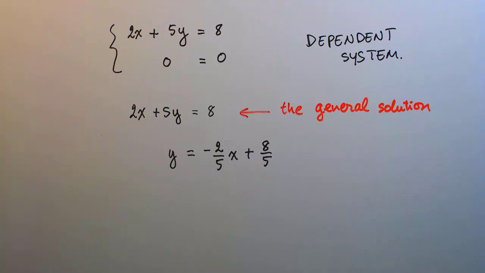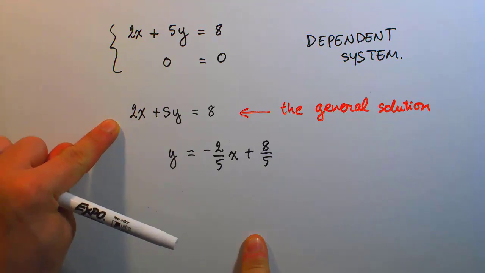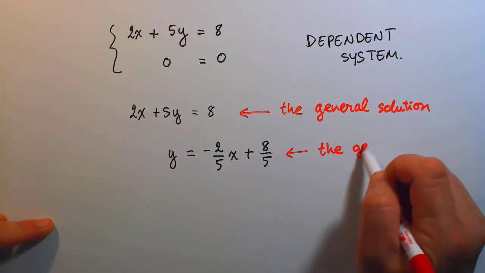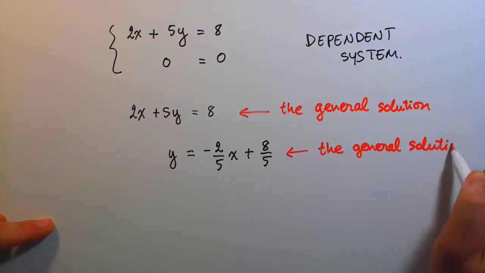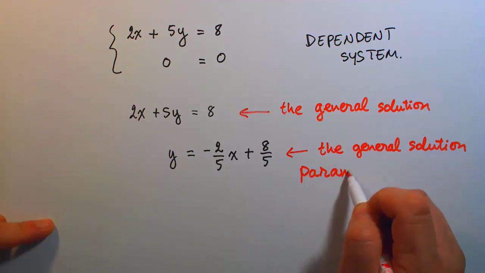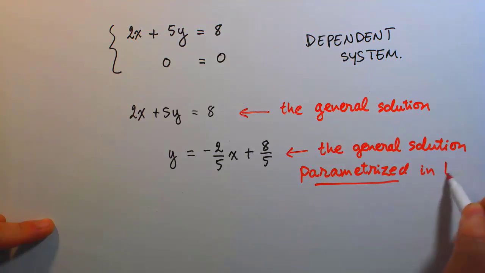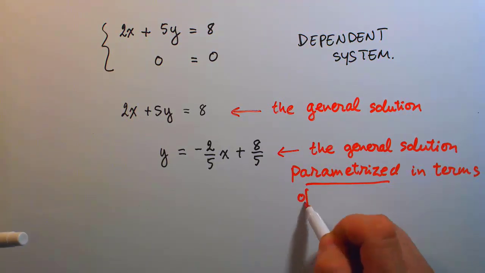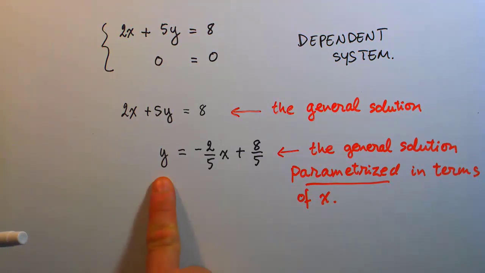It's the same equation as the other one, but this expression of our general solution is the general solution again, but parameterized in terms of x, meaning we're treating x as the independent variable and y as the dependent variable.